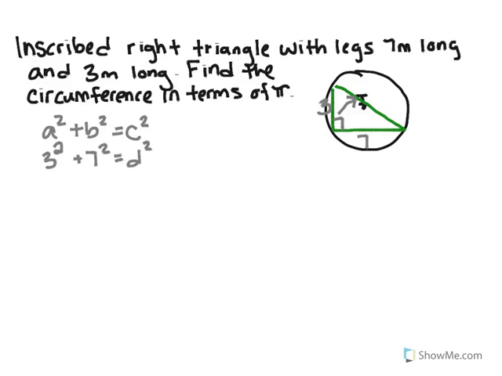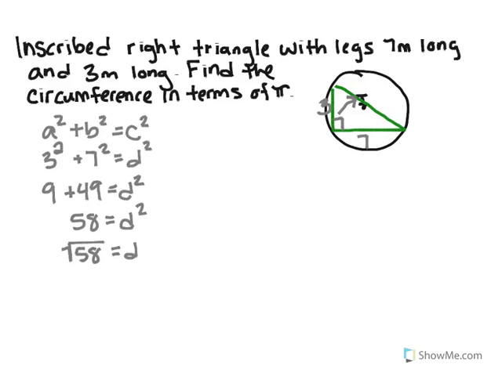So we've got 3 squared, which is 9, 7 squared, which is 49, equals D squared. And the sum of these two values is going to be 58. And from here we square root both sides. And now we're going to simplify.